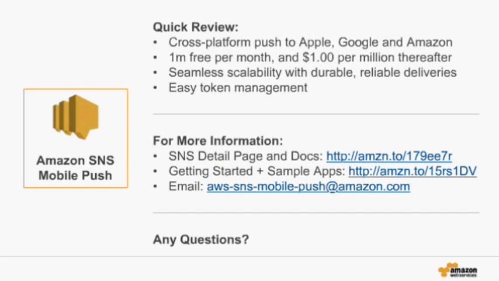Here's a question about developing for Apple on the same theme. How can SNS Mobile Push handle development versus production push tokens for APNS? The answer is that Apple has separate push services for apps that are in development versus apps that are in the App Store and in production.